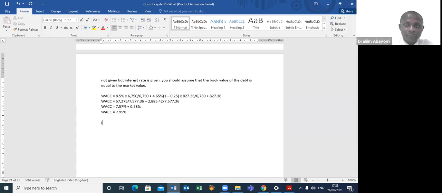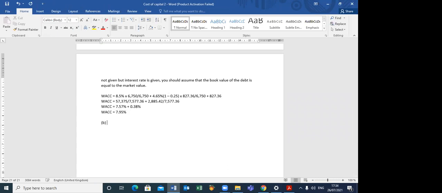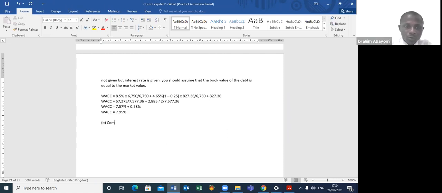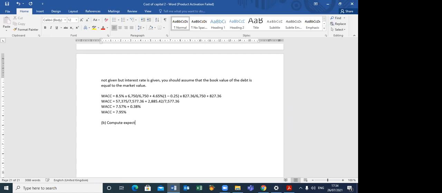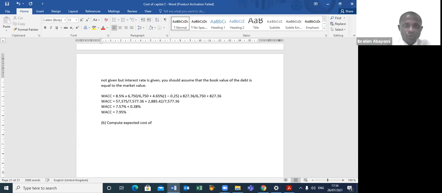So let's now see requirement B. For requirement B, we want to compute the expected cost of debt, cost of equity, and WACC.